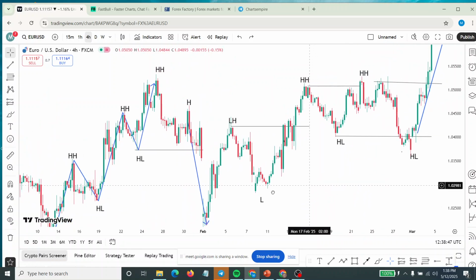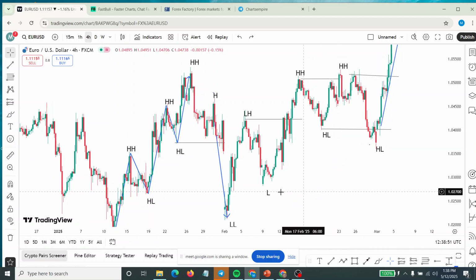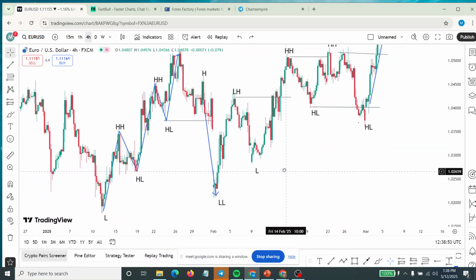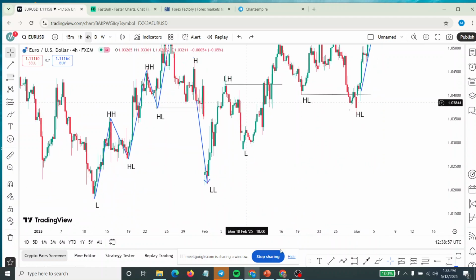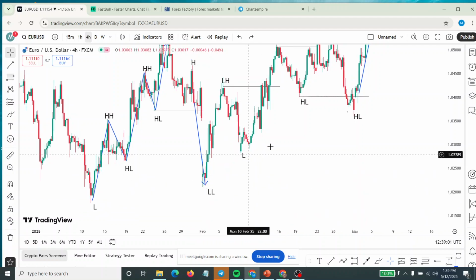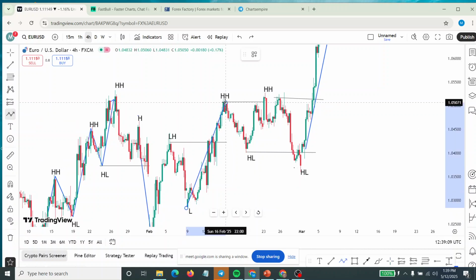Now we can see that what happened here, we experience a low here. We can't say this is a lower low because it did not violate this one. So it is still a low here, and after this low, we have an impulsive move that led to this higher high. You can see how the market changed form again.